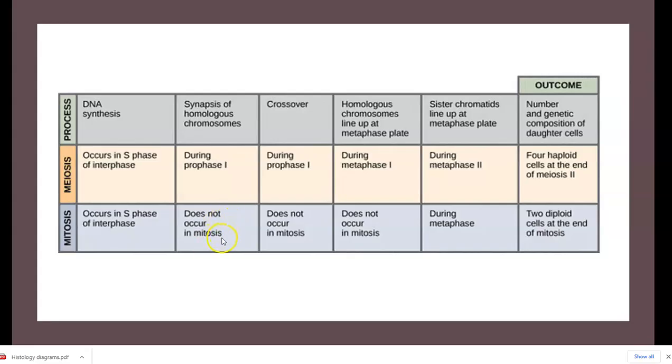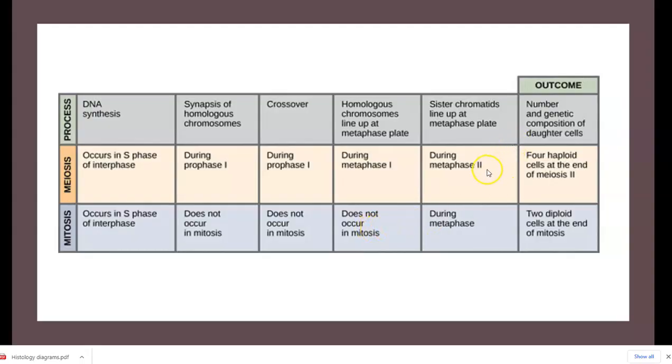That's a big difference. Crossover, and I'm not getting into crossover here, but crossover is something that allows for genetic diversity to occur. That happens in meiosis. It does not occur in mitosis. Homologous chromosomes line up at the metaphase plate. That's a big difference between meiosis and mitosis, because that happens in metaphase 1 of meiosis. It does not happen in mitosis.